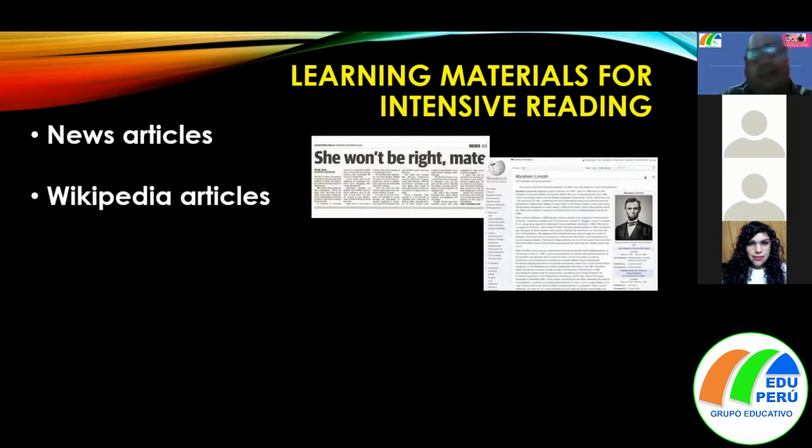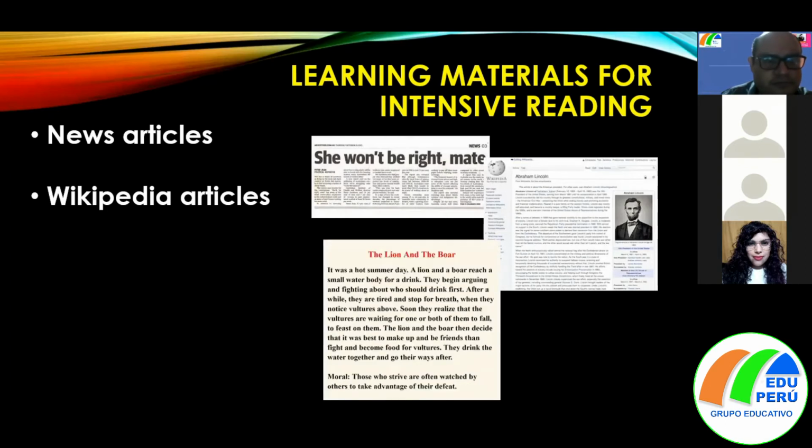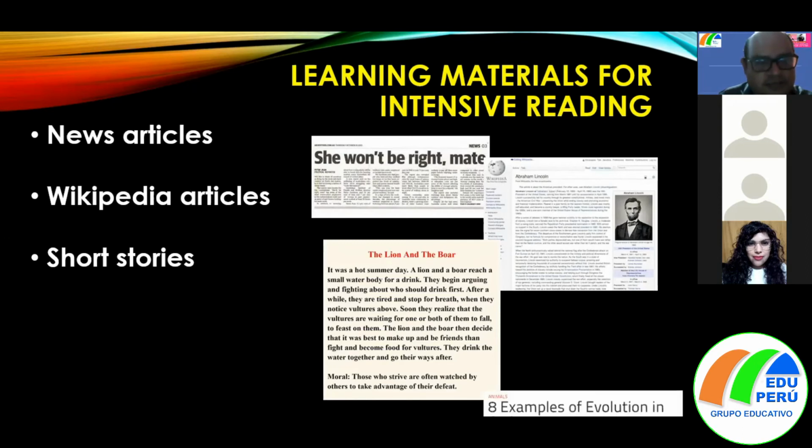Wikipedia articles, well, some of them, because there are some Wikipedia articles that are too long. So you must choose. It must be short, not too long. You could use Wikipedia articles. Short stories. You could use short stories, fables, tales.